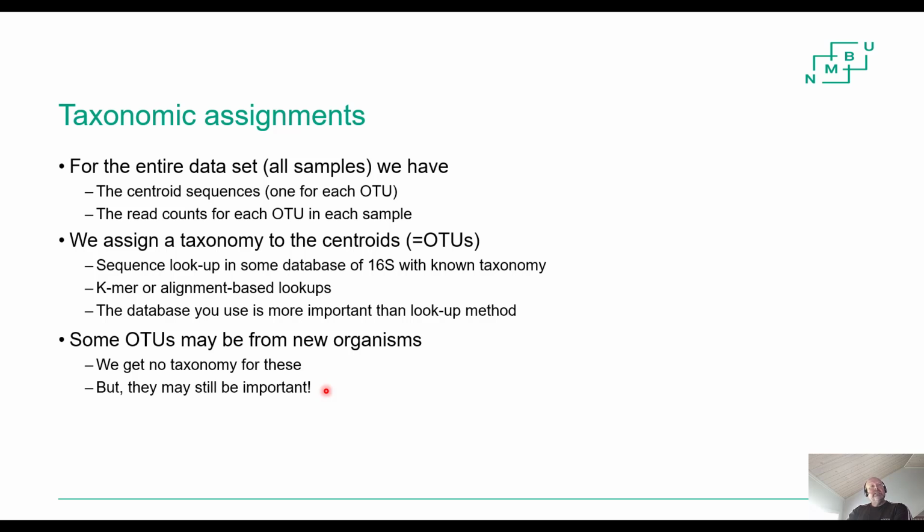So that's why I think that this taxonomy assignment step is not that important for metabarcoding, because we must expect many of these OTUs are still interesting, right? We have no name for them, but we know that they are there. So that's why this clustering is the natural thing to do and not the taxonomy assignment as much. So that's metabarcoding in a nutshell.